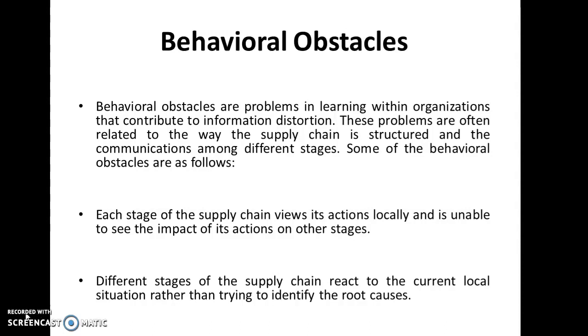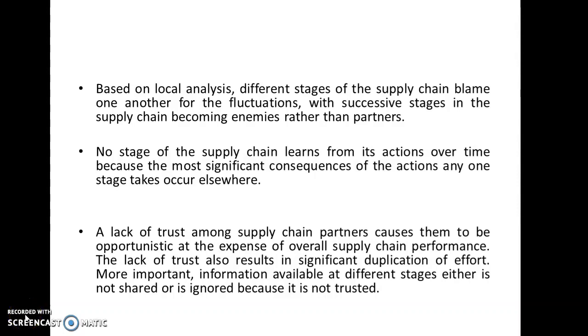The second one, different stages of the supply chain react to the current local situation rather than identifying the root causes. Based on local analysis, different stages of the supply chain blame one another for the fluctuations.